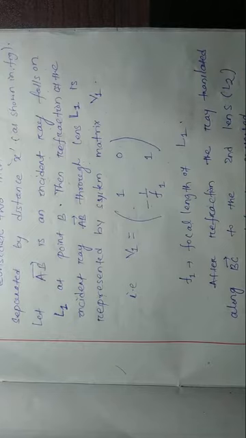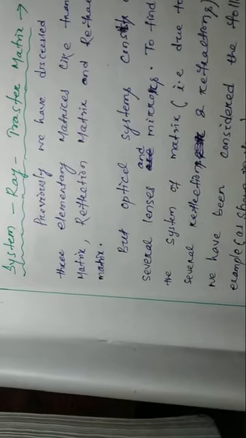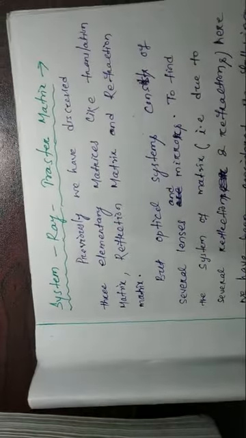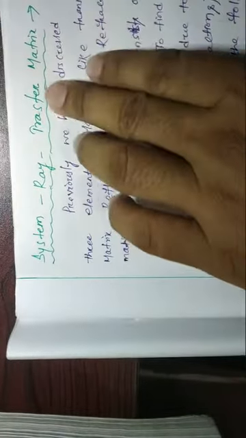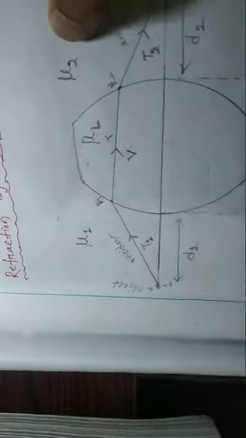We have already discussed this previously. If you search your notes, under system of ray or transfer matrix, in the generalized case of refraction by a thick lens, we found the V matrix is this, and then by the lens maker formula, this.